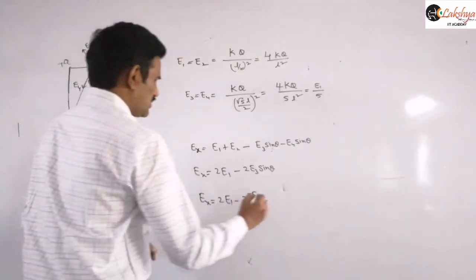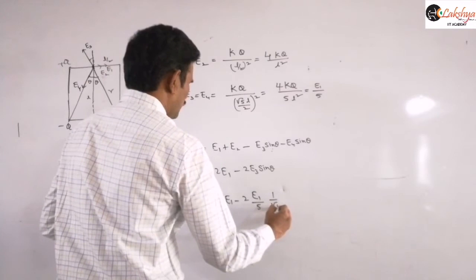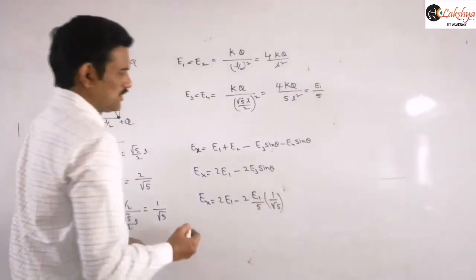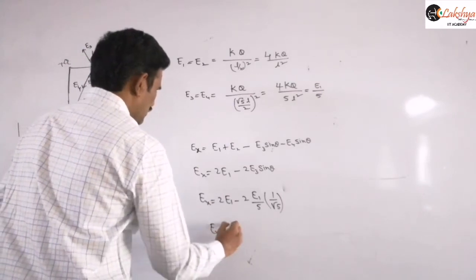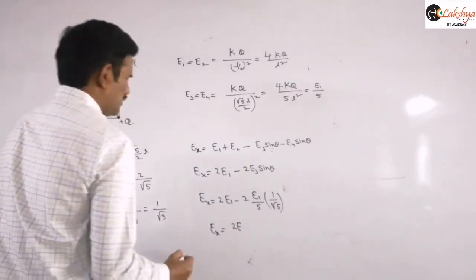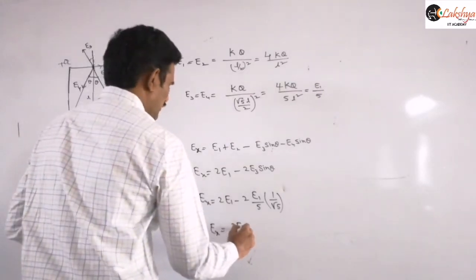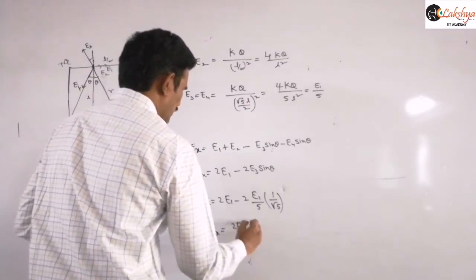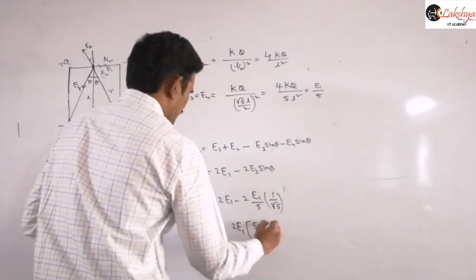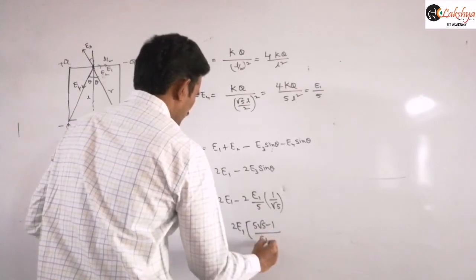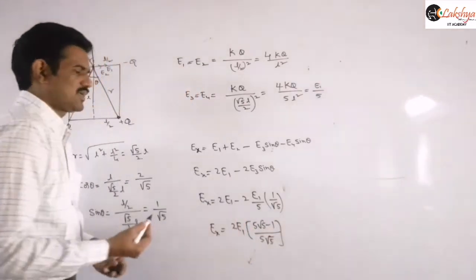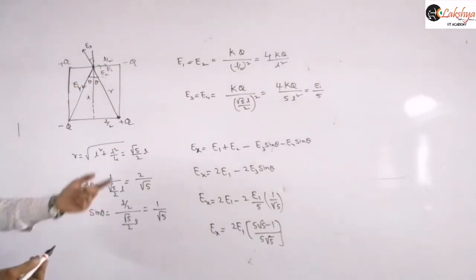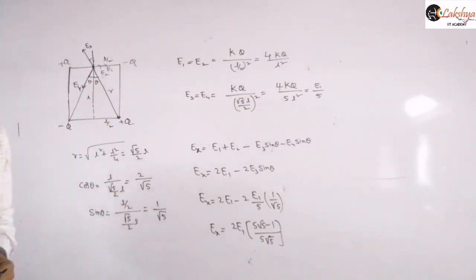The sin theta is nothing but 1 by root 5. So you can simplify this and get the Ex value: 2E1 minus 2E1 by 5 root 5. Right? So this is our x component. And you can finally substitute that E1 value there.